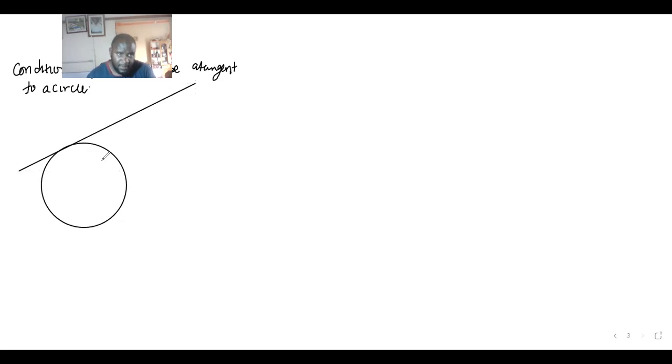So if this line touches it, then the distance from the center, which has coordinates x0, y0, and the equation of the line is ax plus by plus c, then this is 90 degrees, and this is the radius r.